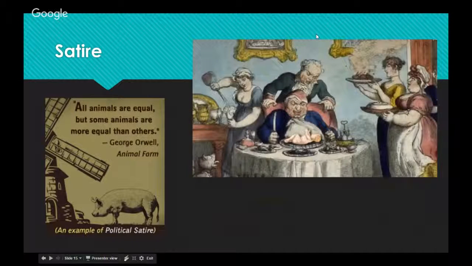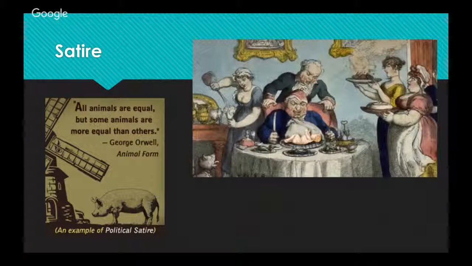And finally, we have a satire. I love satire. It's great. So oftentimes, first of all, satire and parody get confused. Remember how I said that with parody, the purpose is to ridicule. Satire has a different purpose. Although satire may be funny, the larger purpose is for constructive criticism.